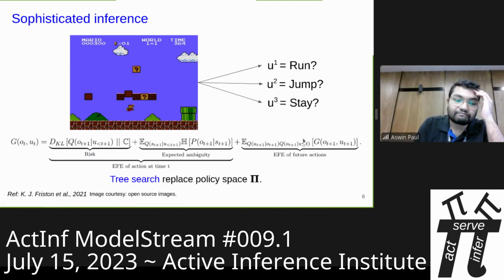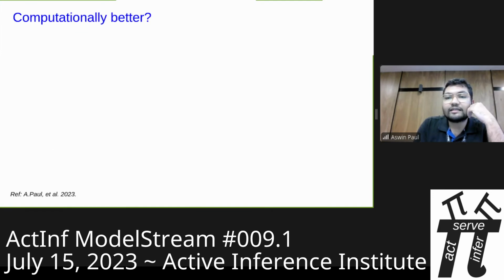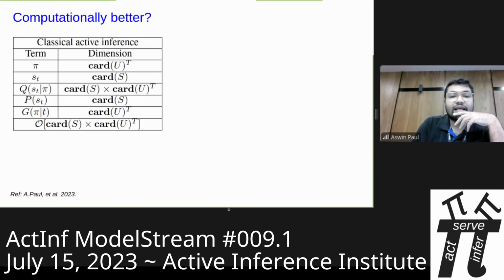And here it's fundamentally different from the policy space that we saw in the last slide, right? And is it computationally better, in the sense that if you have to plan, say, 10 time steps ahead comprehensively? In classical active inference, we saw that the policy space is the cardinality of the action space raised to t. So that is the computational bottleneck if you have to consider all possibilities.